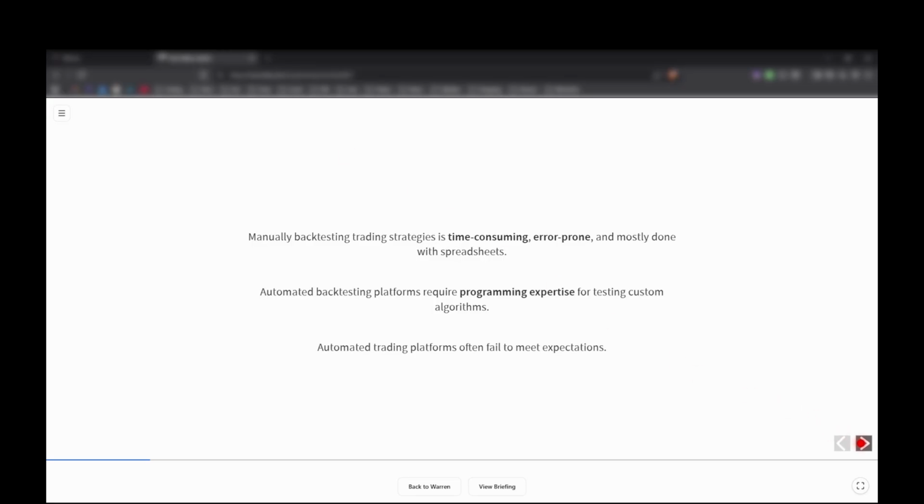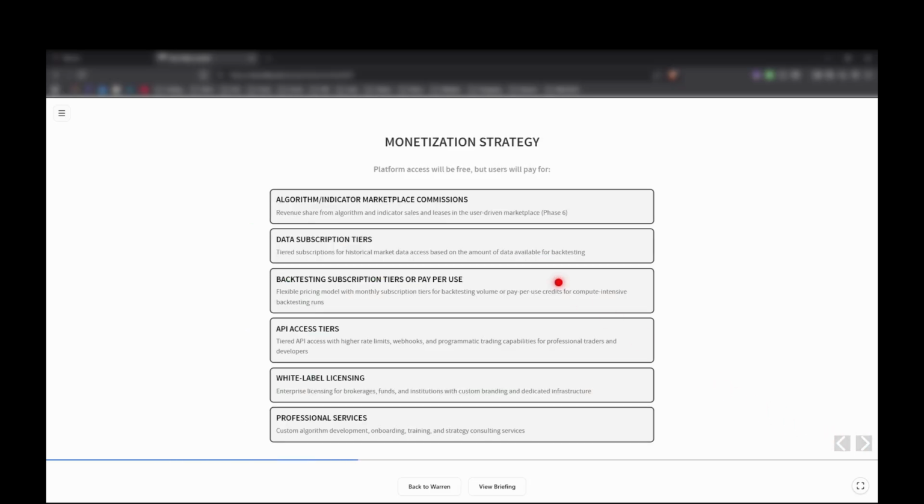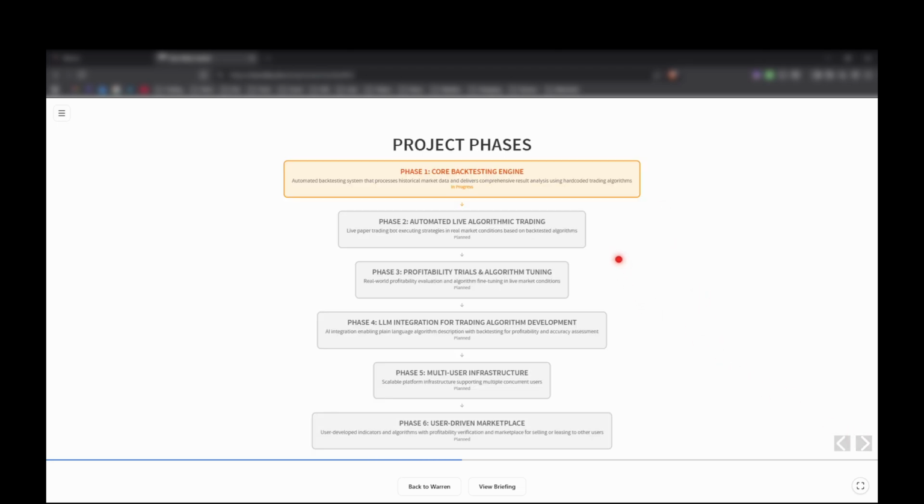Originally, the system was a little bit more ambitious than that. There were all these monetization strategies that I had in mind, and these things are not dead. They may still happen, but I have an idea for, I think, a better tool for trading that I'm going to be pursuing shortly. Phase one of the project was the core backtesting engine. At the time these slides were made, that was in progress.